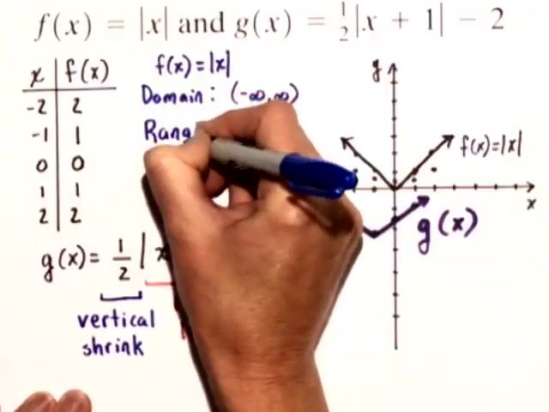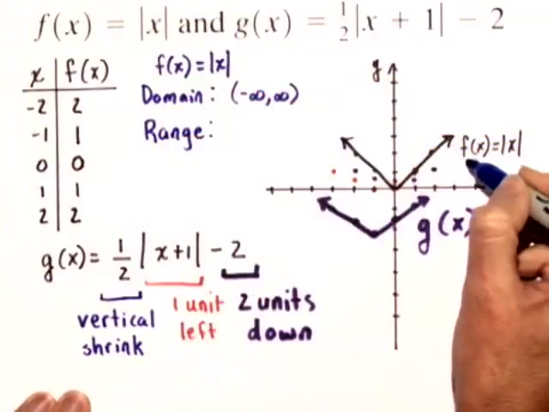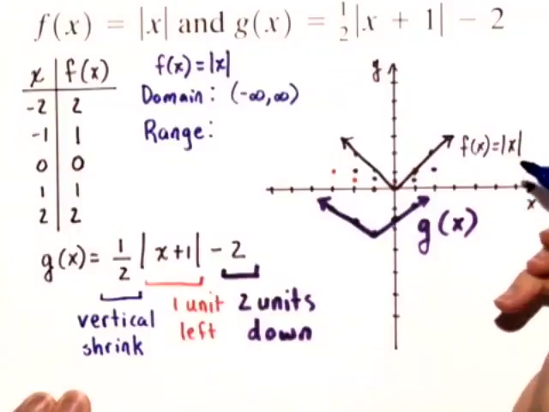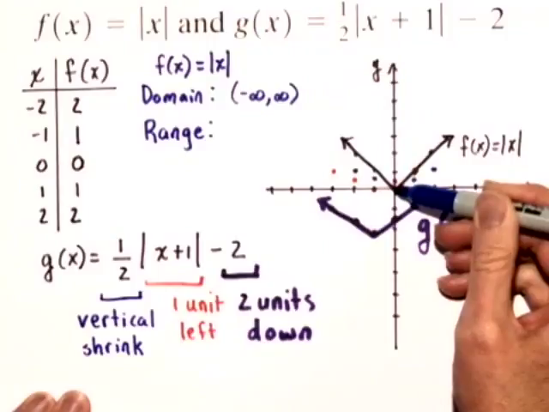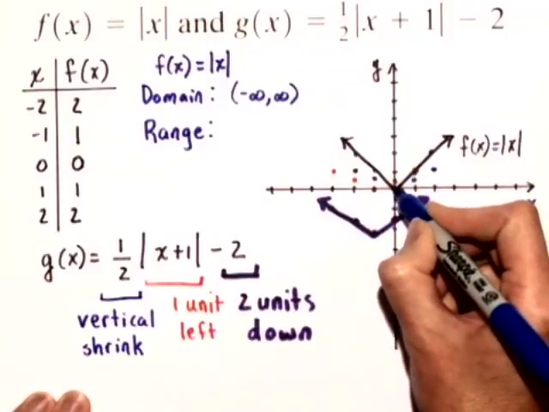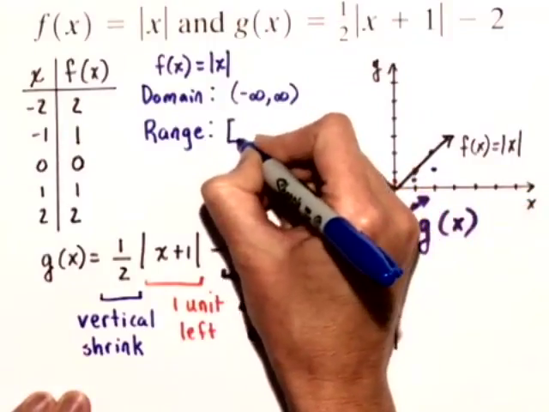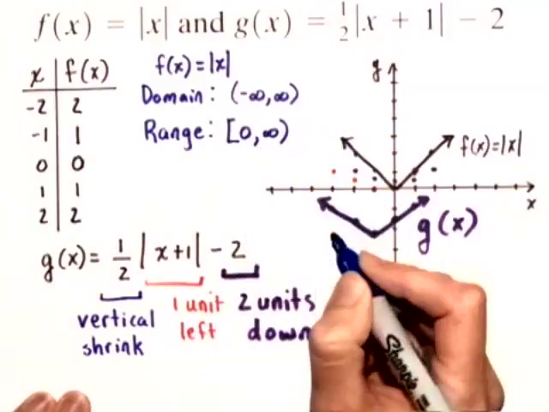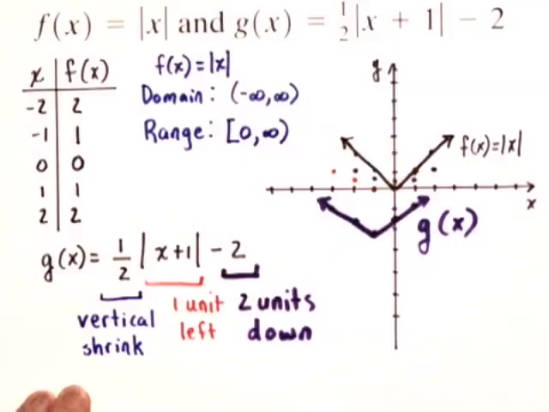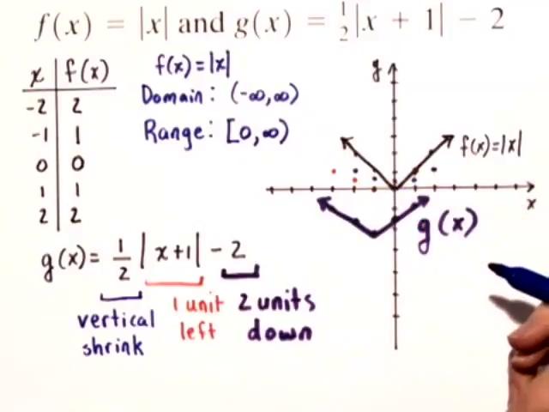The range on this function f of x equals the absolute value of x, notice by our graph, the lowest value that we see in the y direction is a value of 0. So our range goes from 0 on the closed interval to positive infinity. So the y values are 0 or greater.